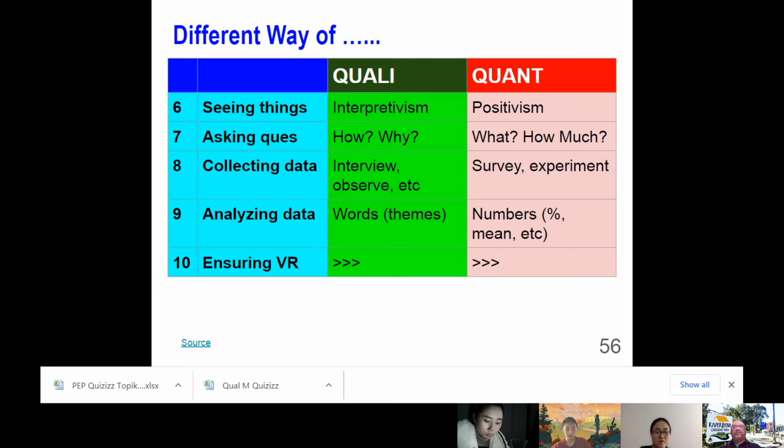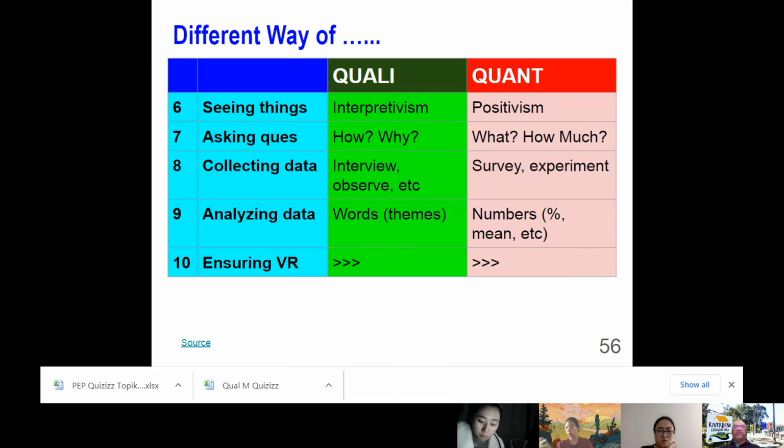For today's lecture, we're going to see the continuation of the last lecture, which is the main differences between qualitative and quantitative. We have gone through a few differences before, but now we continue with another 5 differences.